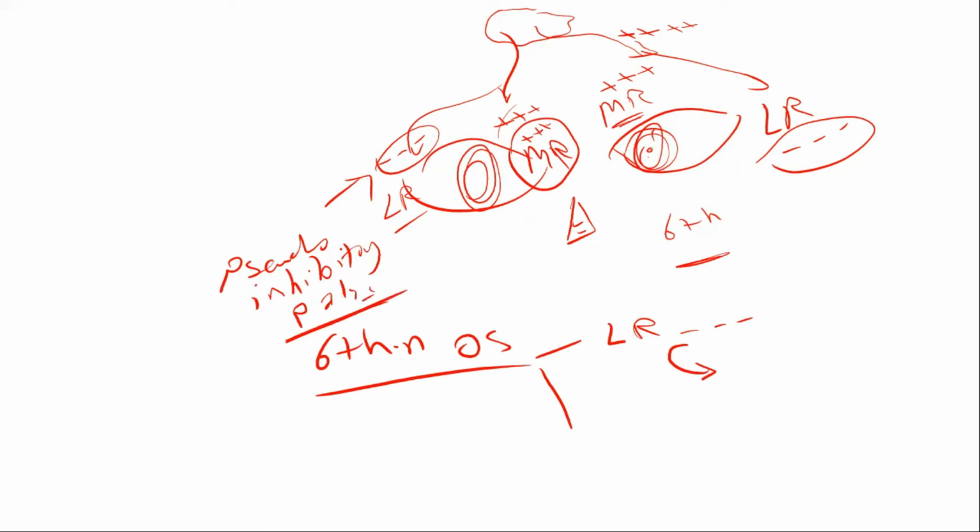There is some limitation, some underaction here, but this is called pseudo inhibitory palsy. And we have medial rectus overaction. Here we can say contracture, and here we can say overaction, because all these findings will be shown in the Hess chart. We will see it now.